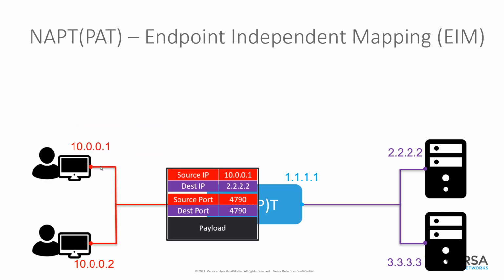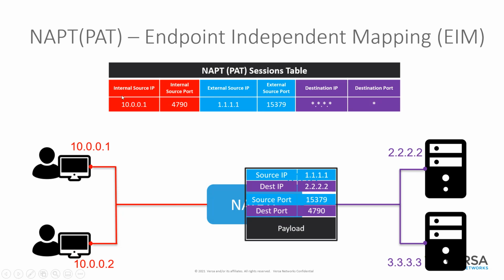In this case, when the packet reaches the network address port translation device, on which we have configured endpoint independent mapping, the translation will happen from 10001 port 4790 to the external source 1111 on the NAT device with some port, but in the NAT table the destination can be anything. It doesn't matter from which device it's coming to that port, it will always be translated back.